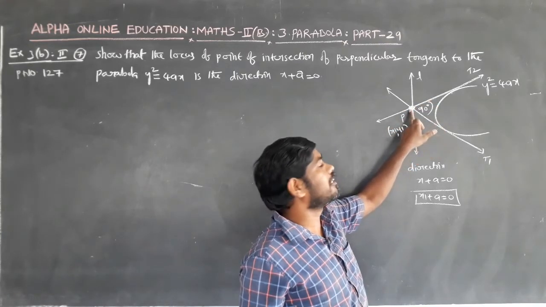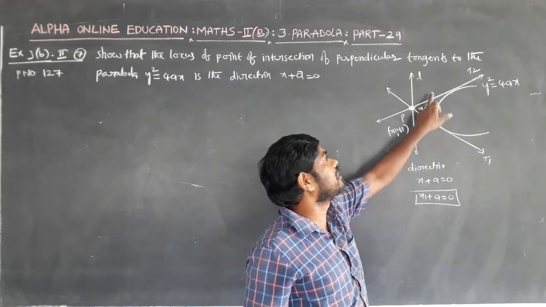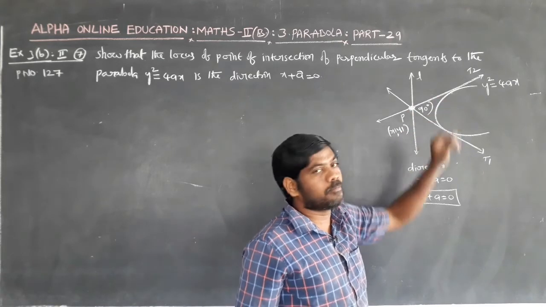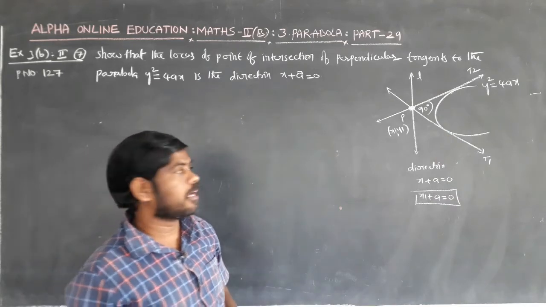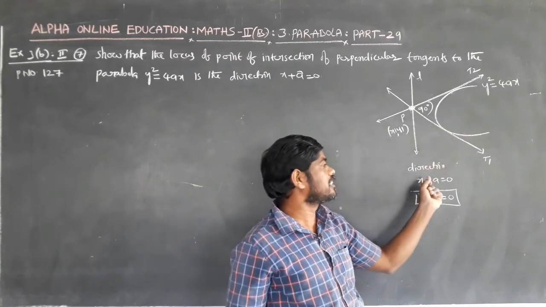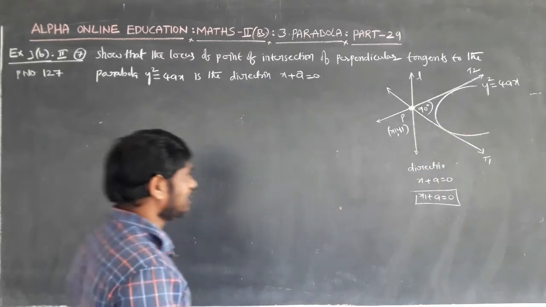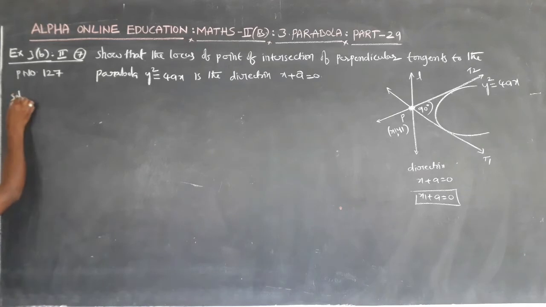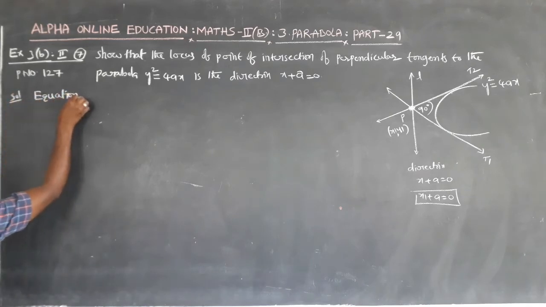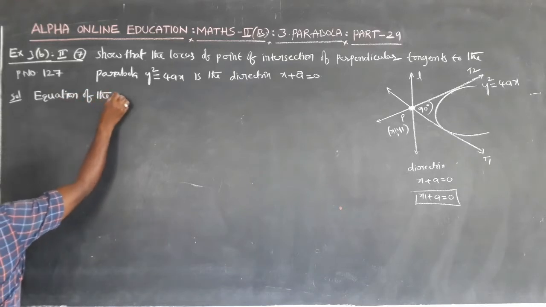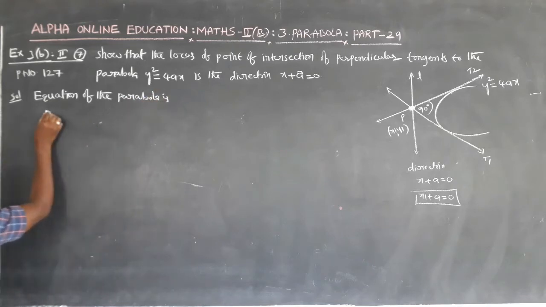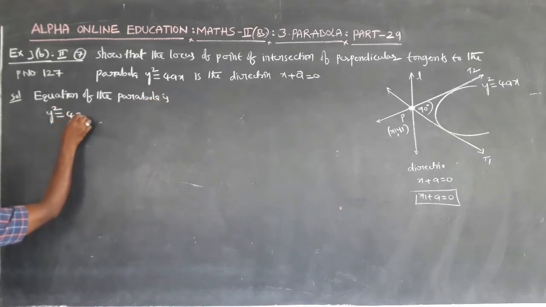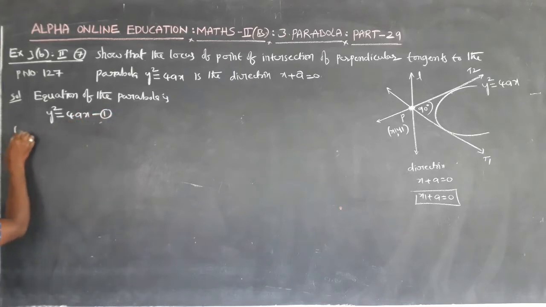Show that the locus of a point of the perpendicular tangents to a parabola y square is equal to 4ax is the directrix. Here given the equation of the parabola: y square is equal to 4ax.